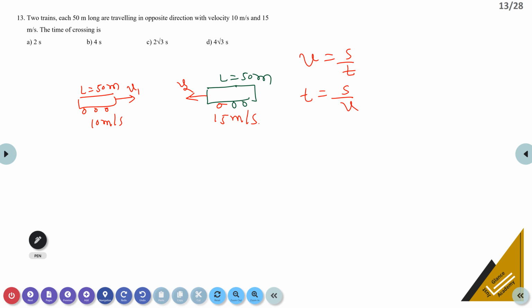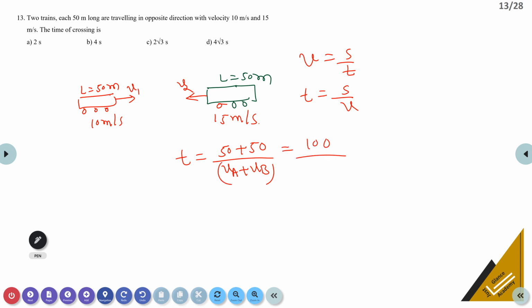Now, find it. Time equal to distance divided by velocity. That we find it. T equal to distance, this is 50, this is 50 meter. 50 plus 50 divided by, both velocities we have to add it, VA plus VB.